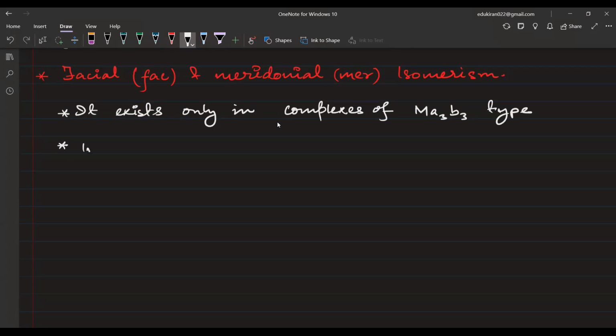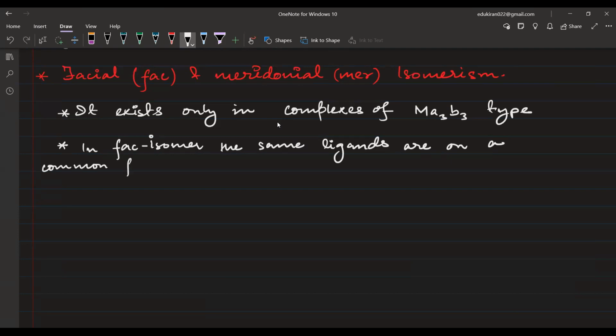In FAC isomer, the same ligands are on a common face of the octahedral complex.